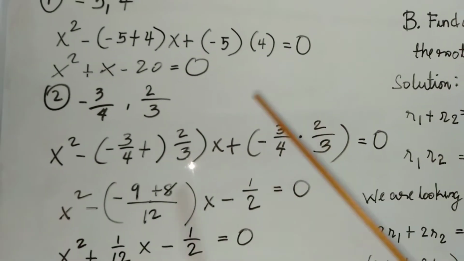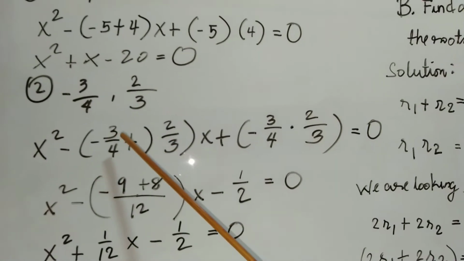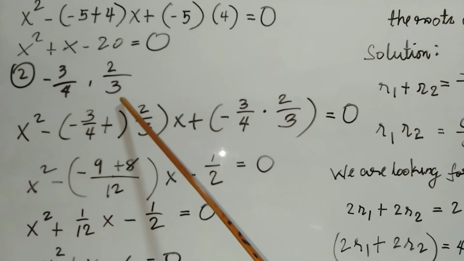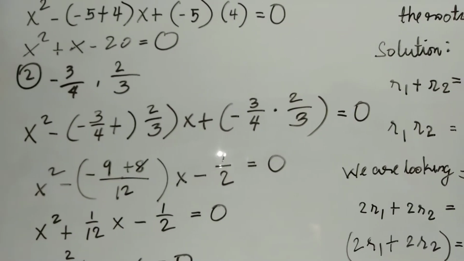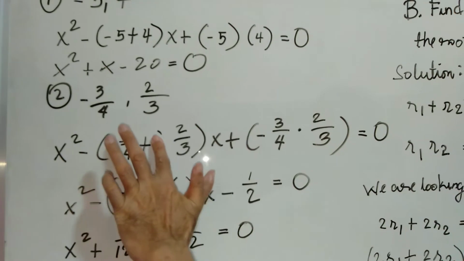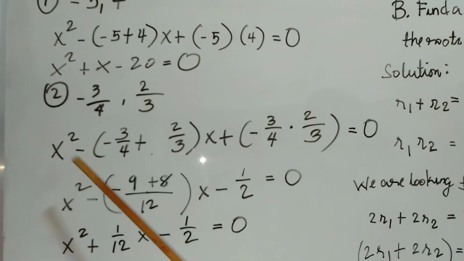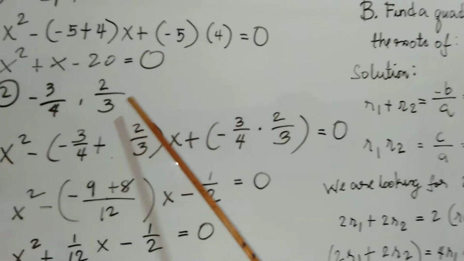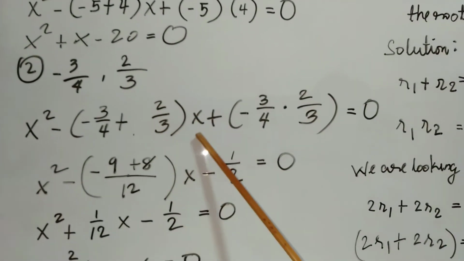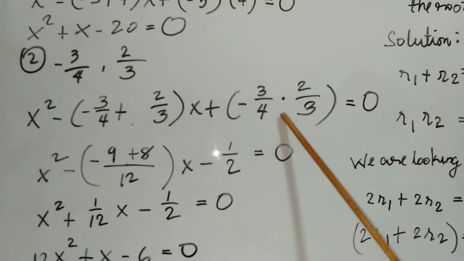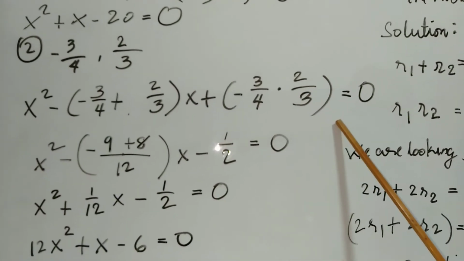For number 2, we are given the two roots. R sub 1 is -3/4 and r sub 2 is 2/3. Similarly, we're going to add the two roots. So x squared minus the quantity -3/4 plus the second root, 2/3, times x, plus the product of these two roots, -3/4 times 2/3, is equal to 0.